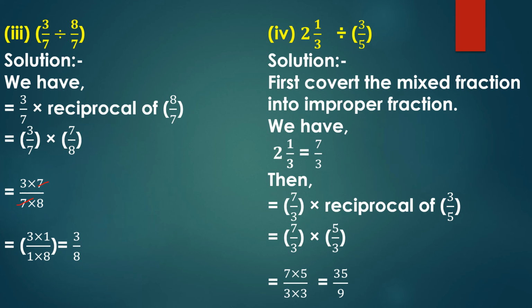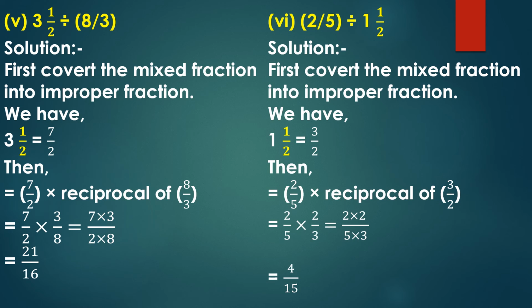Okay, and now what is the reciprocal of 3 by 5? It is 5 by 3. Therefore 7 by 3 into 5 by 3, which is equal to 7 into 5 divided by 3 into 3, equals 35 divided by 9.